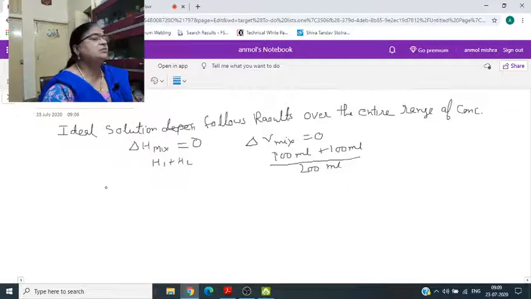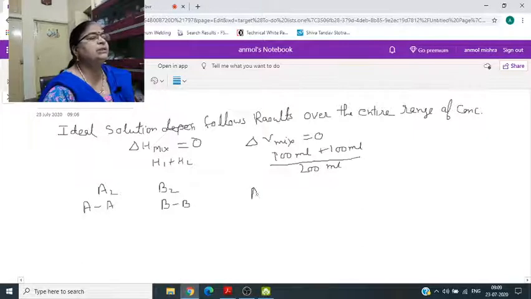Now why is it so? Suppose the first component is A2 and the second component is B2. There will be an intermolecular force of attraction between A molecules, AA, and the intermolecular force of attraction in B2 will be BB. This is representing the force of attraction. When these two are mixed together, they will form AB.